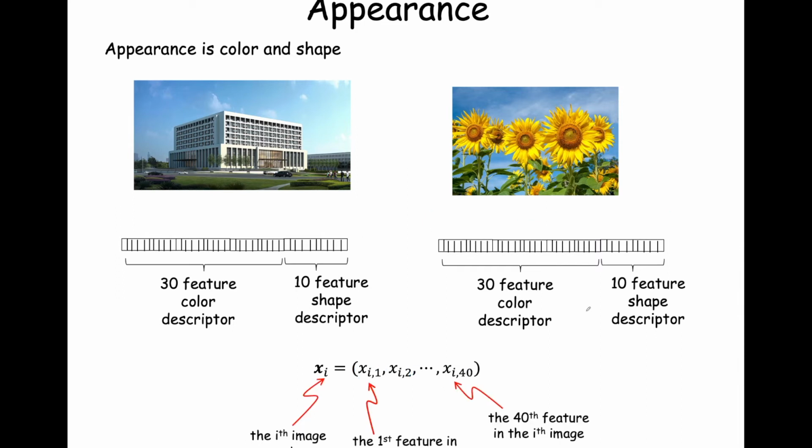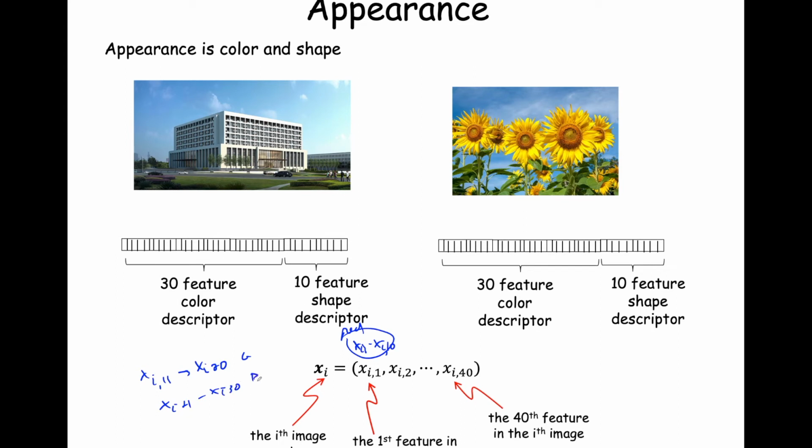And so this is the ith vector, the first feature, second feature, and so we'd have xi1 through xi10. That's going to be the red. We're going to have xi11 through xi20. That's going to be the green, and then we're going to have xi21 through xi30.